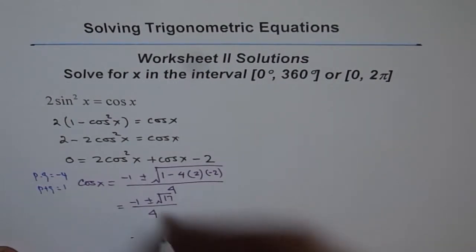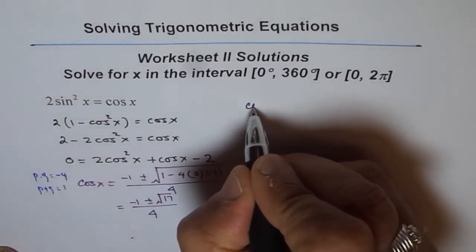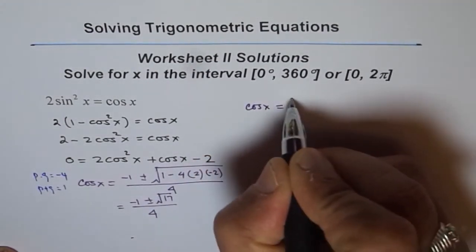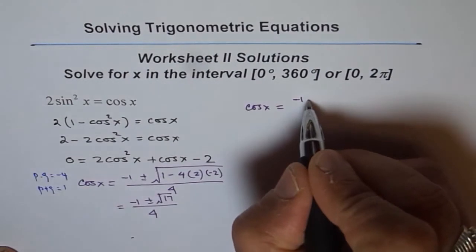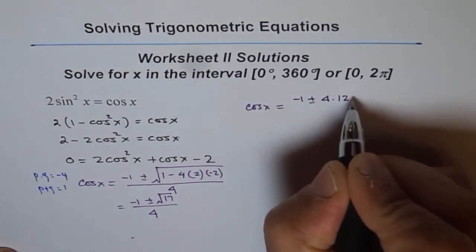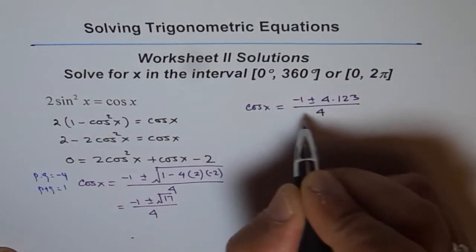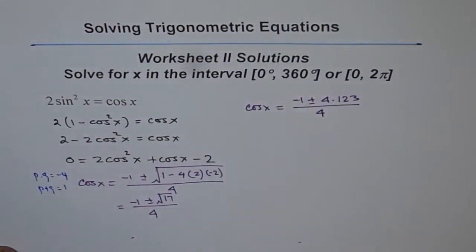So we get two particular solutions. Let's write down here. So what do we get? We get cos x equals minus 1 plus or minus 4.123 over 4, correct? So these are two possible solutions for us.